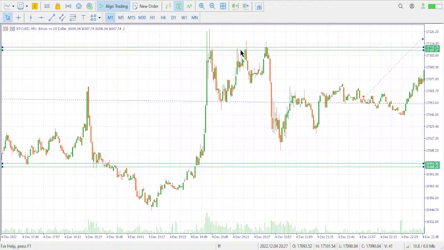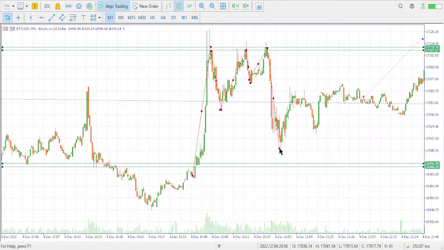You may look at this as an M formation. There's a move up, there is a move down, and then there is a move up, and there is a minor move down, and then there is a move up, then we have a move down.